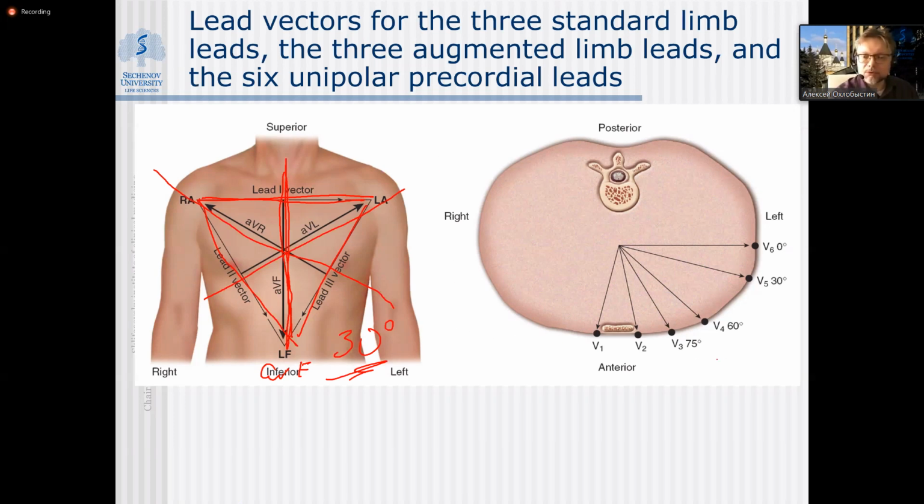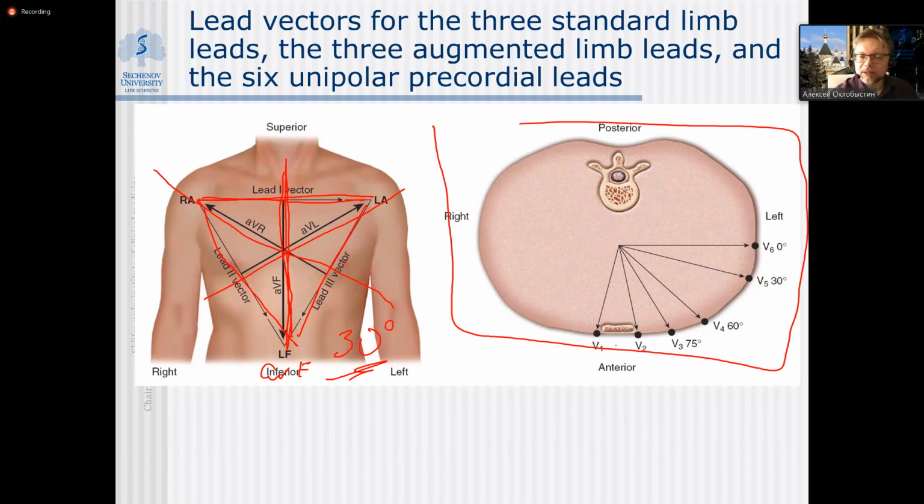Besides that, we also have the horizontal plane. When electrodes are located on the surface of the chest, the reference electrode will be represented by 3 electrodes located at the patient's hands and foot. So there will be a triple reference electrode for those leads.